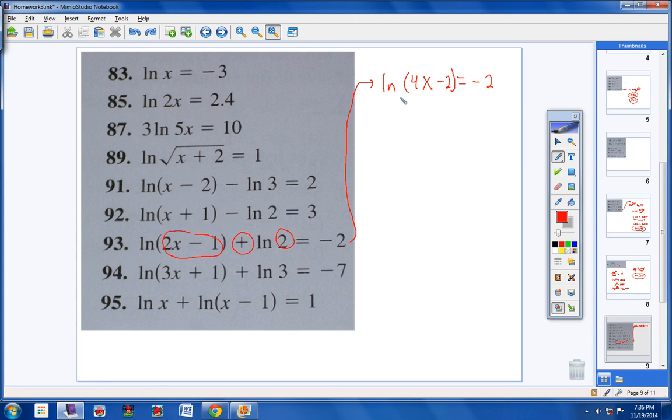There's an e here. So now we have this right here. Now bring the 2 over, make it a positive 2. And now divide both sides by 4.